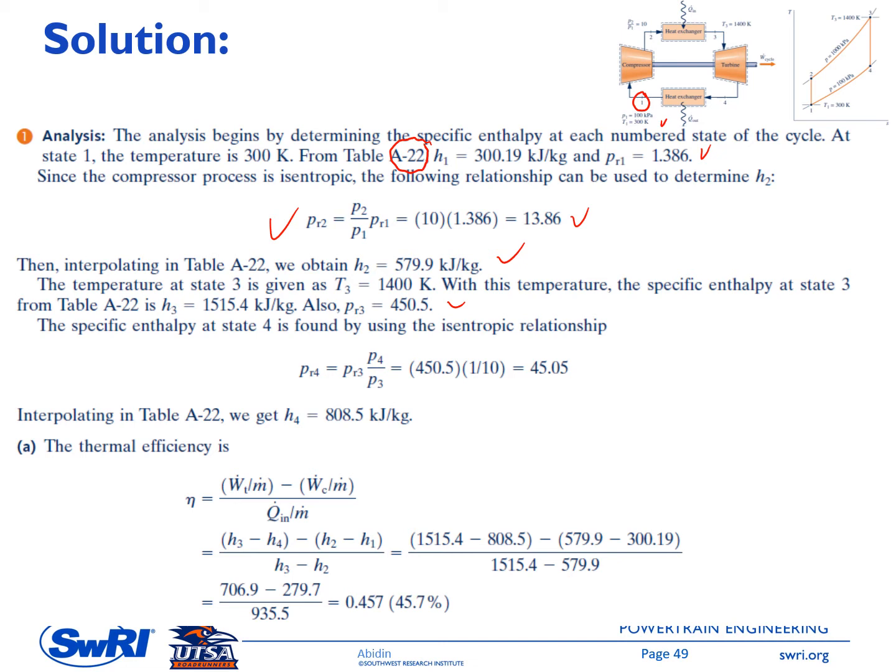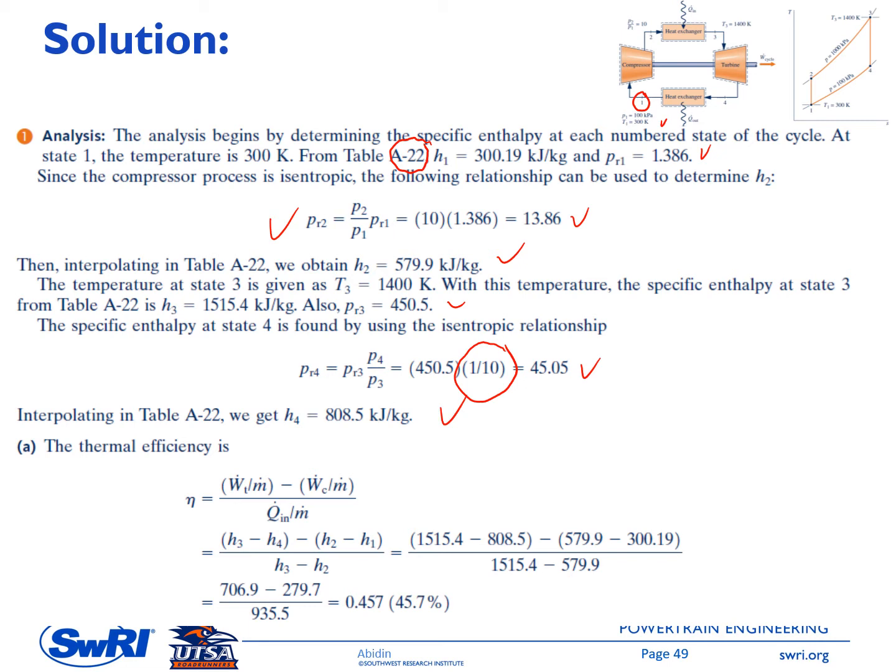That means P4 over P3 equals 1 over 10. Then you will get PR4 is 45.05, and then go back again to table A22, and you need to do an interpolation to get H4.